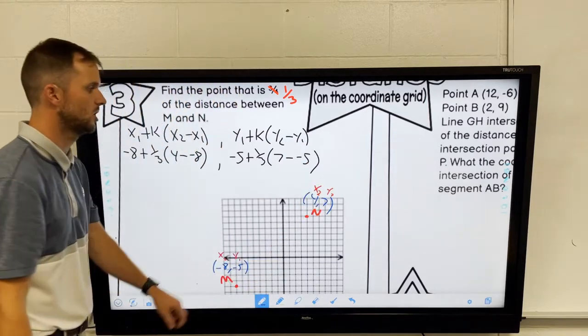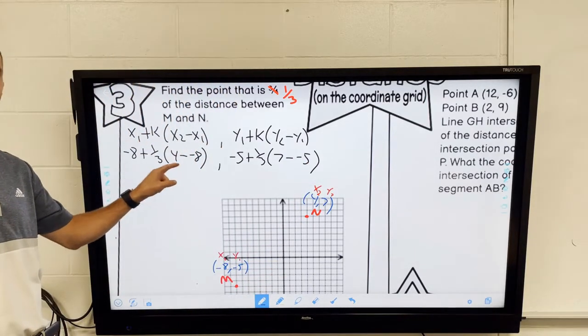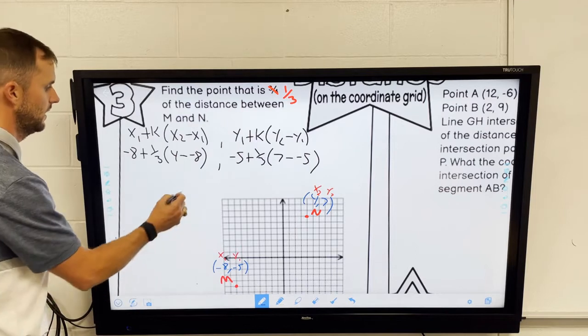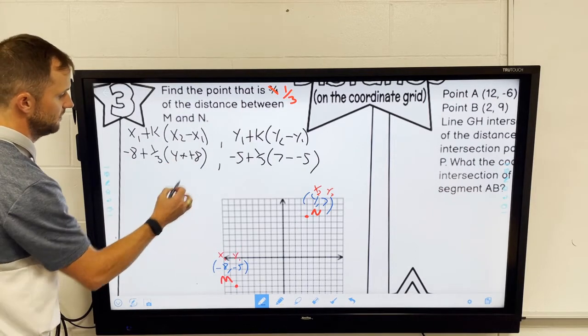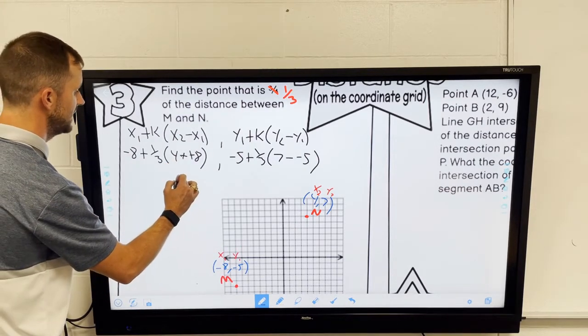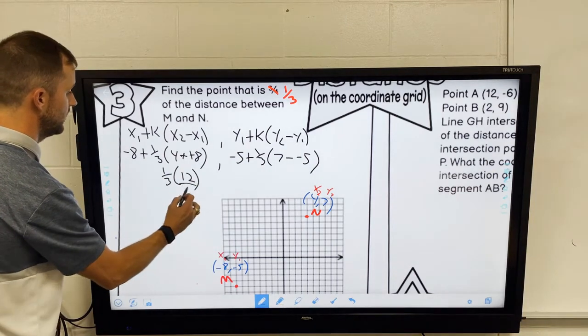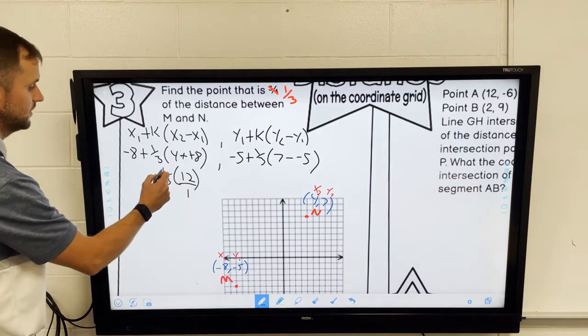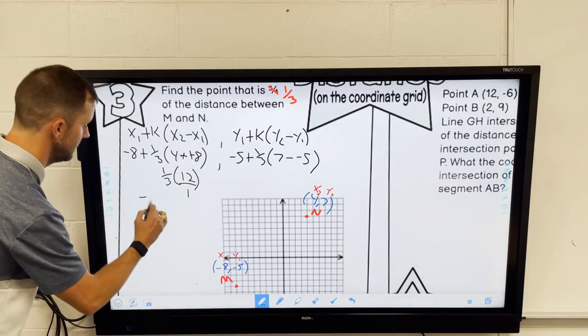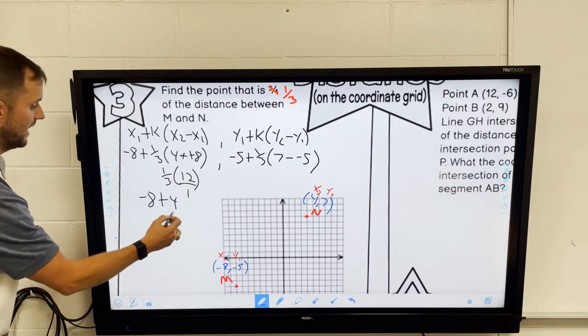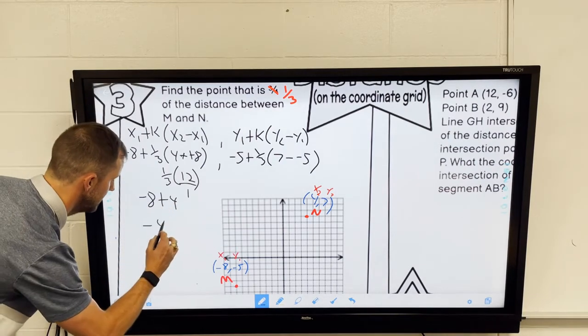So we have to make sure if we're subtracting a negative, we got to put that double negative in there, okay? So minus a negative will turn to plus. 4 plus 8 is going to end up giving me 12, okay? 1/3 of 12 if I end up dividing here. So 1/3 times 12 is going to end up giving me 4. Negative 8 plus 4 is going to end up giving me negative 4.